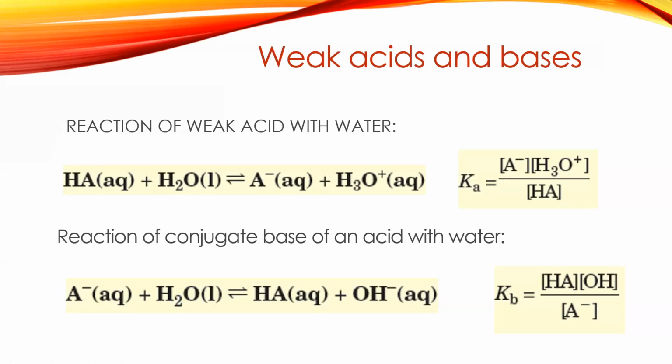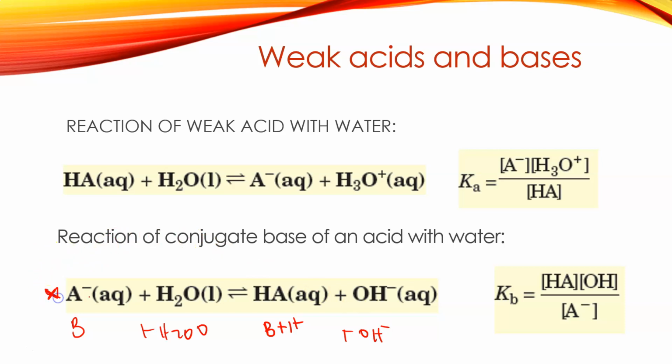We know now that for the reaction of a weak acid with water, we can give these equilibrium expressions, which we call Ka and Kb for weak acids and weak bases. The general formula being HA + H2O goes to A- and H3O+, and A- + H2O going to HA and OH-. This is the same as the one that we saw before, which said B + H2O going to BH+ and OH-.